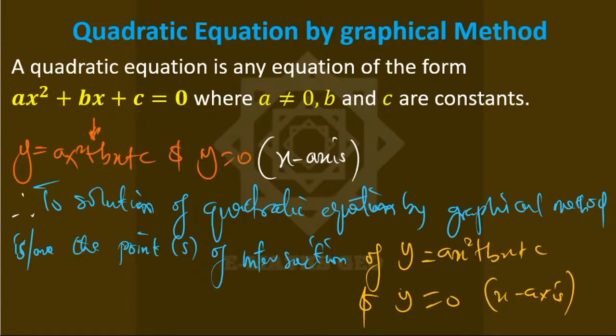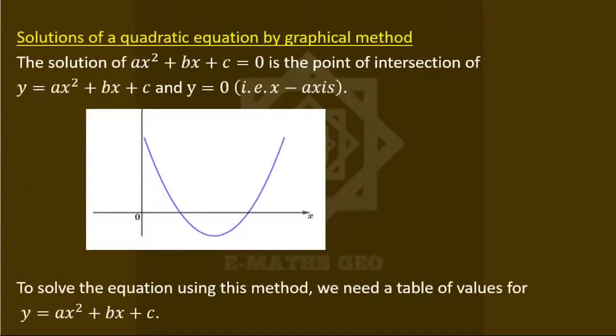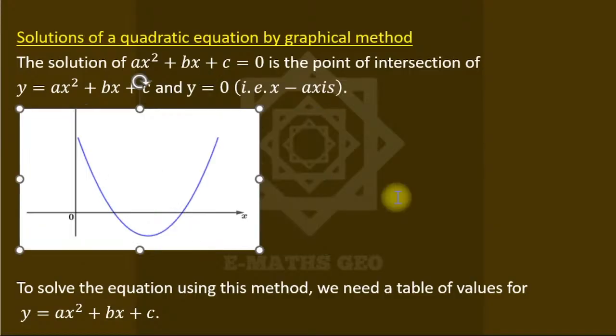So we know that a quadratic curve is either concave up or concave down. Either way, there must be an intersection between the curve and the x-axis for it to be solved by graphical method.